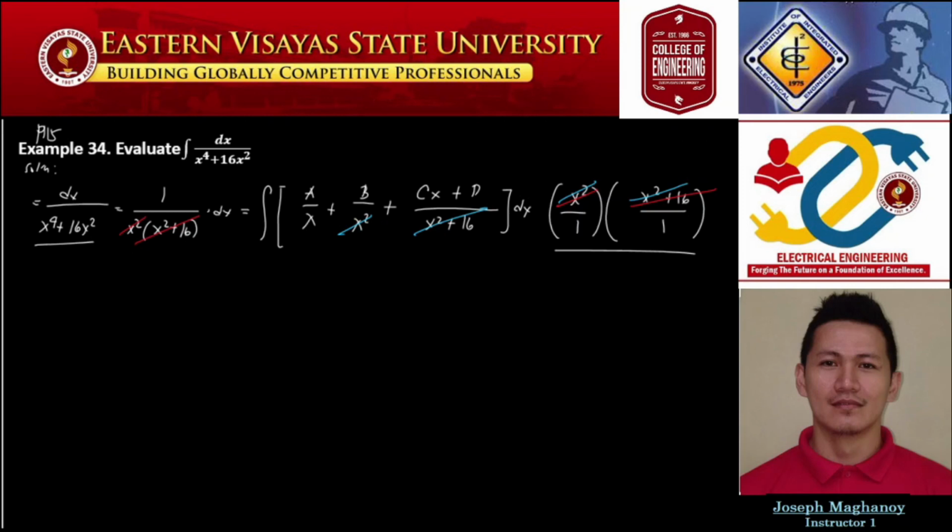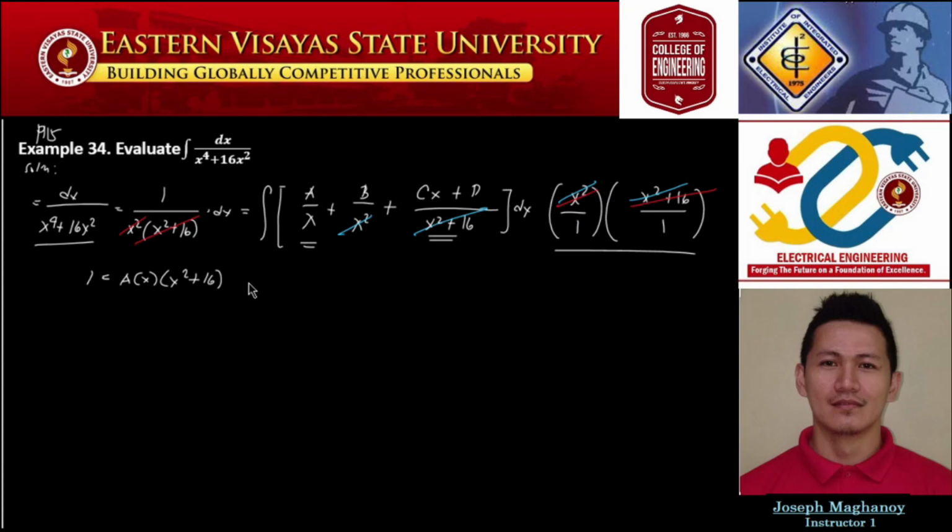Rewriting our equation, we have 1 equals ax times x squared plus 16, so we copy only these two.